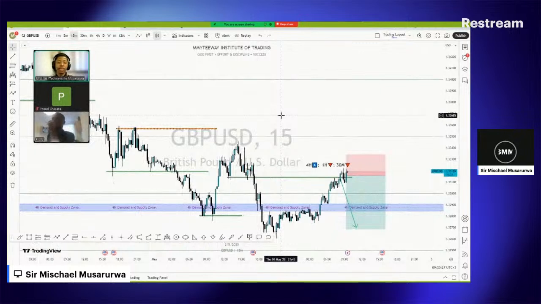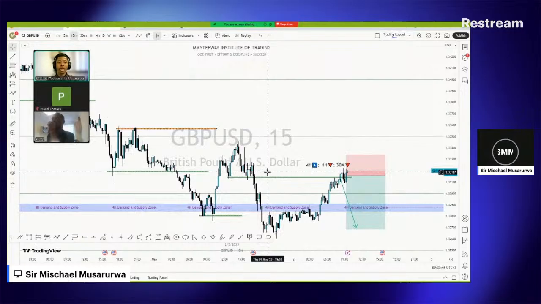Right now, we are retesting a neckline of a head and shoulders as well. So I have my optimum trading zone well covered, along with my trend.